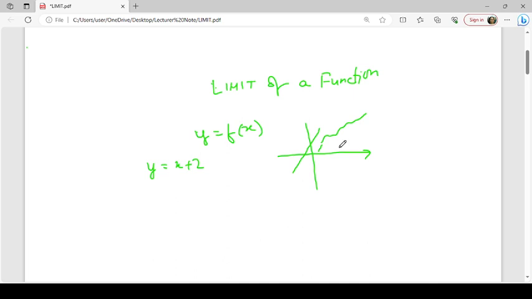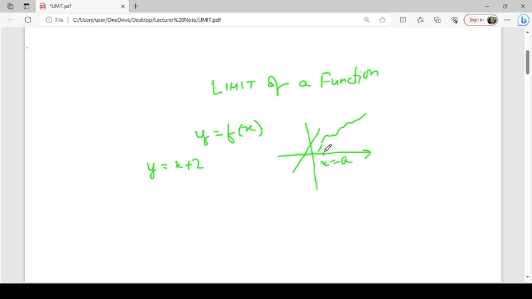Now, the limit of a function, pictorially we describe this as follows. Suppose this is the function y is equal to f(x), and its graph traces this path. We put values for x and get the corresponding values of y. Suppose this is the value x is equal to a.